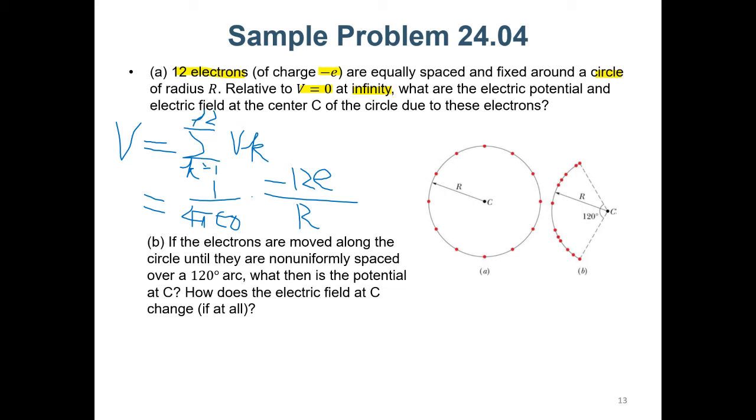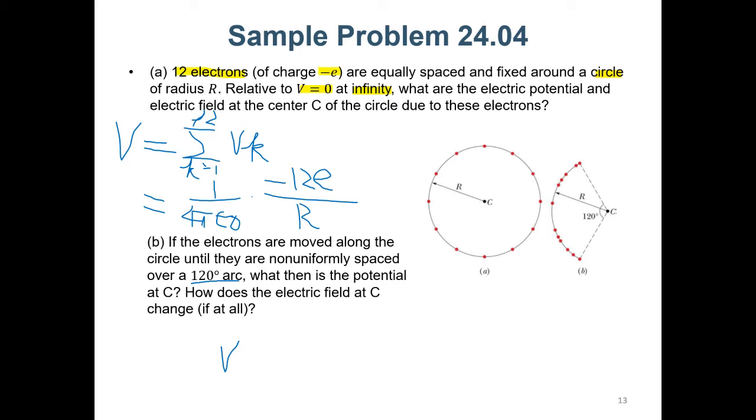Yeah, and for the next one, if the electrons are moved along the circle until they are non-uniformly spaced over an arc of 112 degrees, then what is the potential at C? How does the electric field at C change? Actually, the potential doesn't really change because we only deal with the electric potential, which is a scalar.